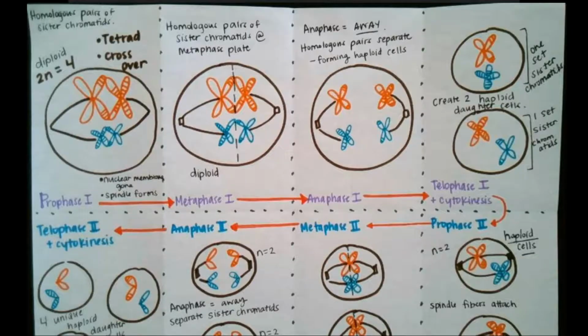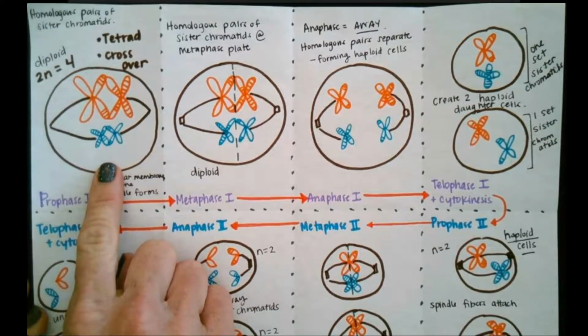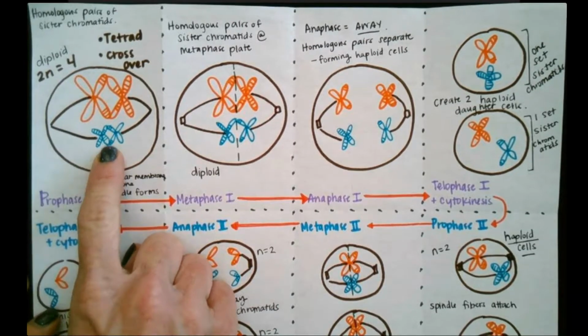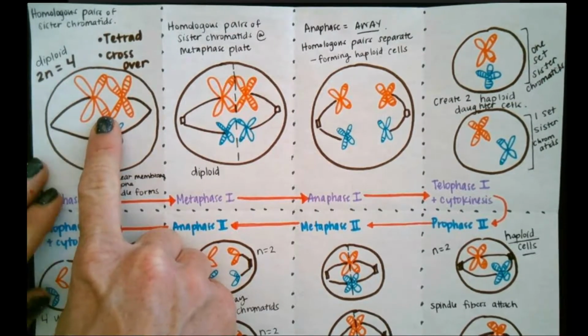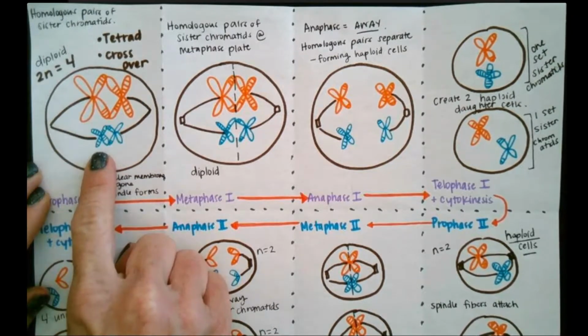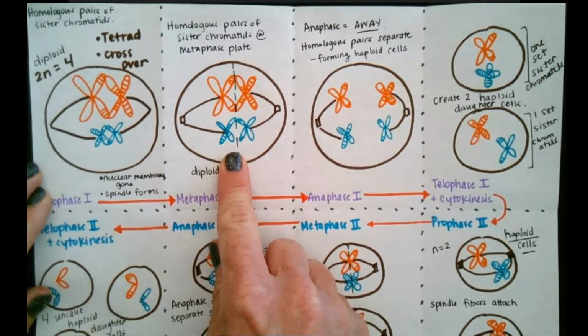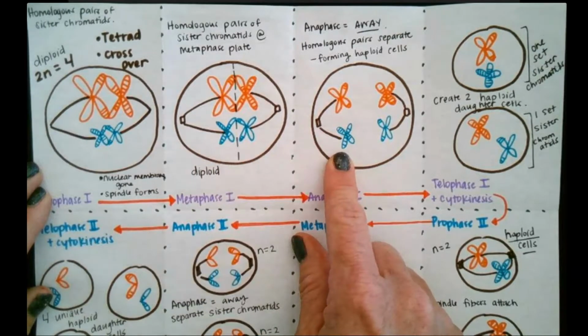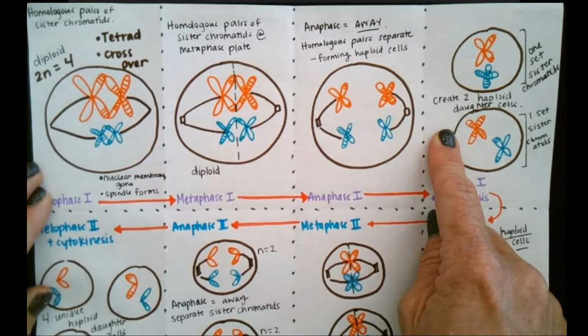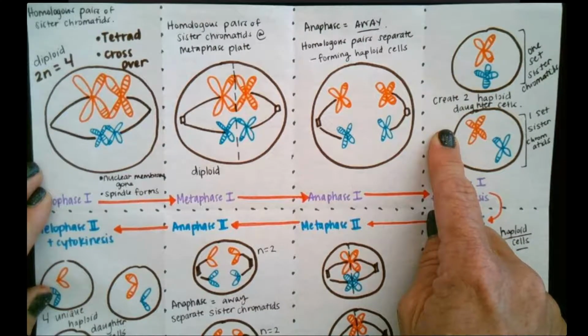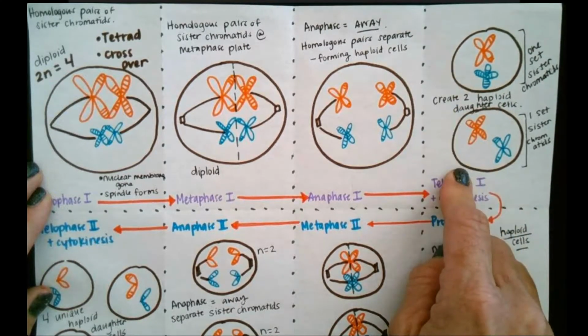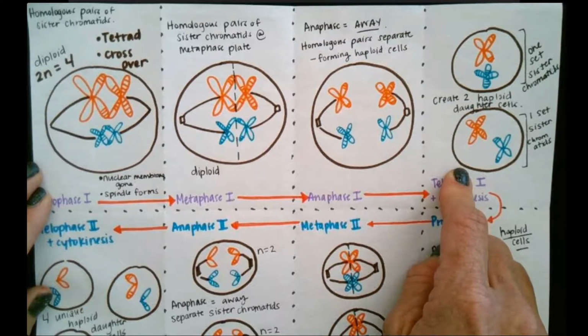And to put it all back together, in prophase 1, the homologous chromosomes join together as a tetrad and crossing over occurs. In metaphase, the homologous chromosomes line up at the metaphase plate. In anaphase and telophase, they are separated, and cytokinesis makes 2 haploid daughter cells, each with 1 set of sister chromatids.